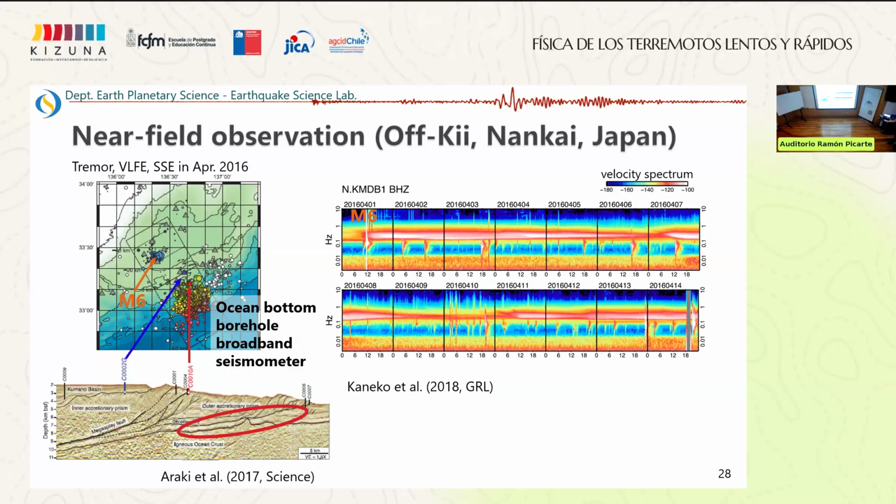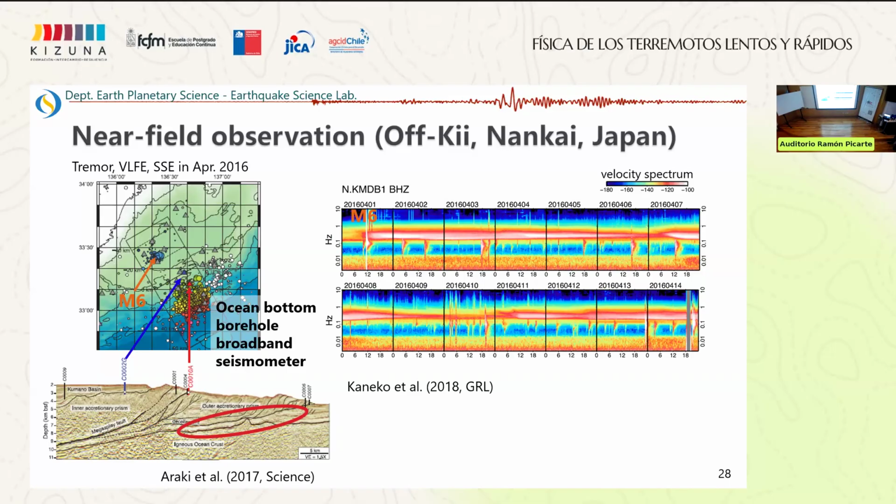Even in this area, usually, this is a similar spectrogram, time and frequency. You see these are microseism. Microseism becomes large or small depending on the weather. We have many tectonic tremors observed in this area, and these are the observation records of tremor.